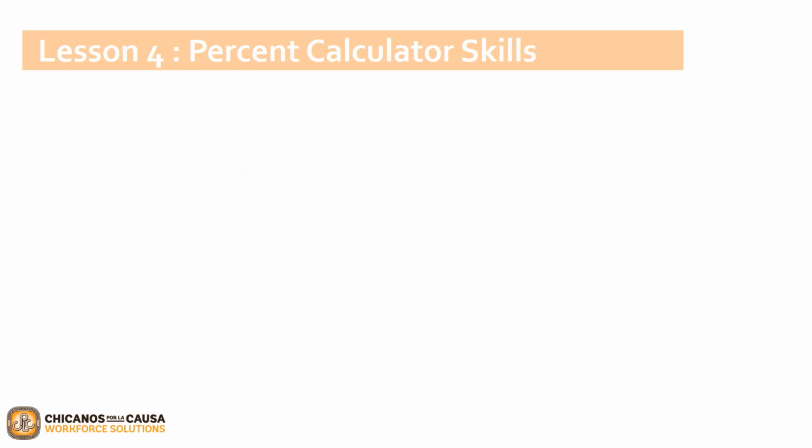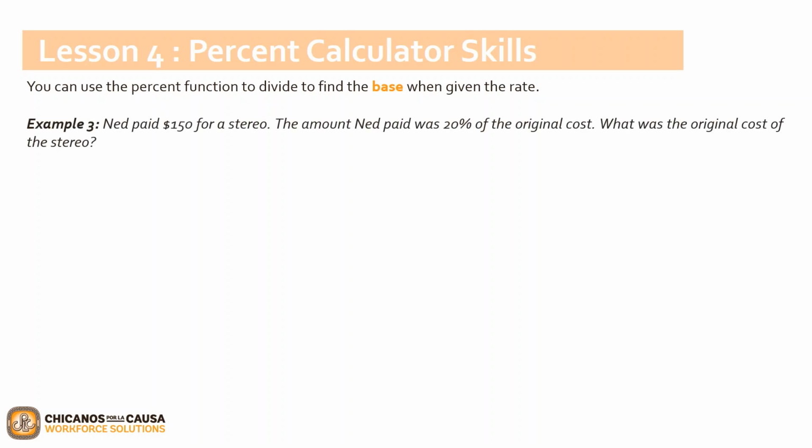You can use the percent function to divide to find the base when given the rate. Example 3 says, Ned paid $150 for a stereo. The amount Ned paid was 20% of the original cost. What was the original cost of the stereo? Using your calculator, you'd first enter the base, which is 150, and press the division sign key.